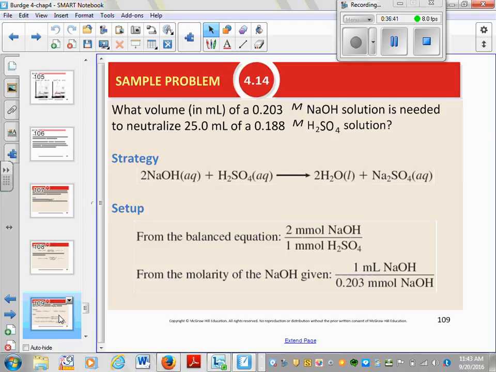46.3. Okay, that's the way, I like the short way. Because you can see from the balanced equation, for every millimole of sulfuric acid, we need 2 millimoles of sodium hydroxide, because it's stoichiometry, 2 to 1.